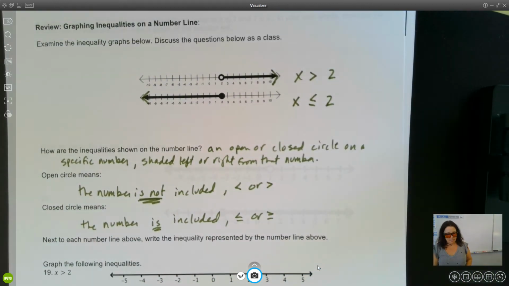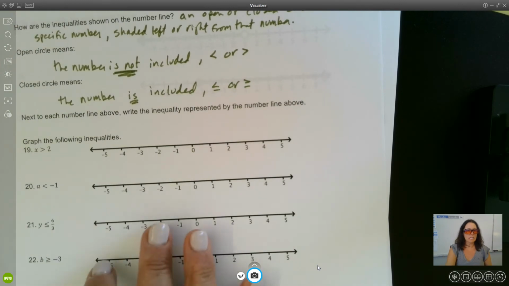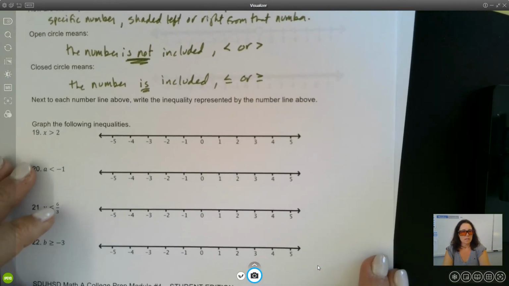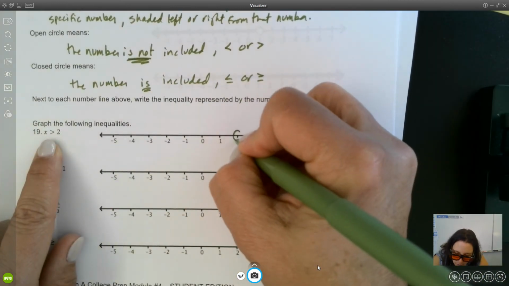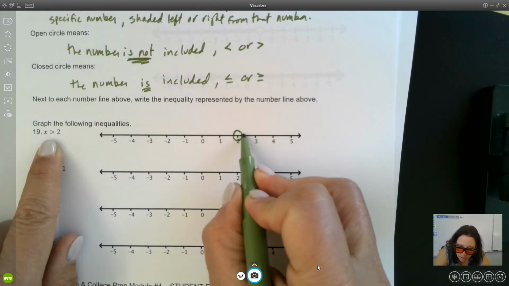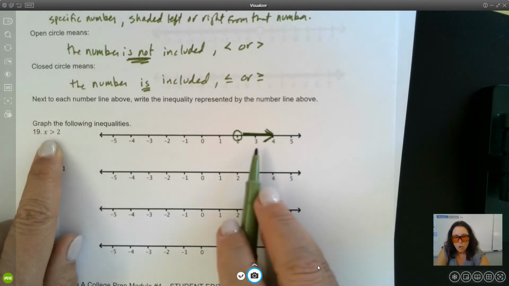All right, so we're going to go ahead and plot these on a number line to practice. Graph the following inequalities. All right, so I've got an open circle on 2, and I'm shaded this way. Okay, and you don't have to color in the whole thing.